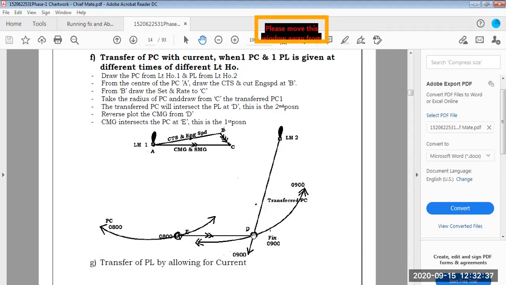Now if you want the 0800 position, you take this course made good and transfer from 0900, and wherever it cuts the initial position circle, that will be your fix at 0800. So make sure you are transferring the course made good, the distance of the initial circle is transferred, and the course to steer is drawn from the lighthouse. These are the main points to consider.